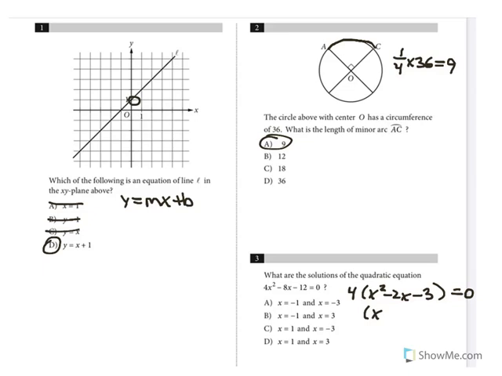That factors out to x plus 1, x minus 3 equals 0. So when we set each factor separately equal to 0, we're going to get x equals -1 and x equals 3. B is our correct answer there.